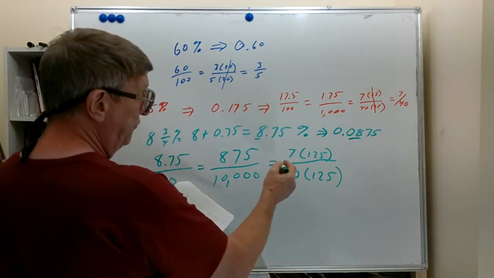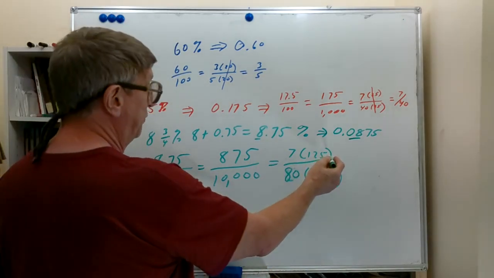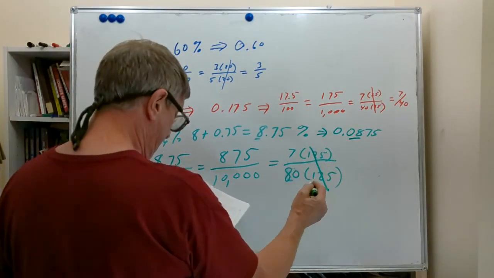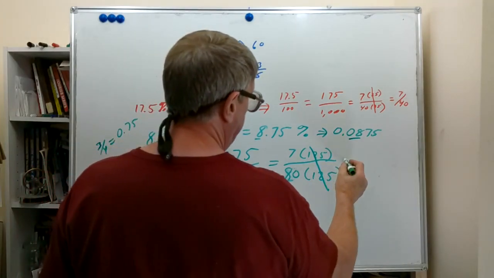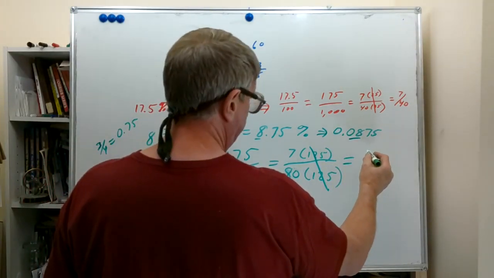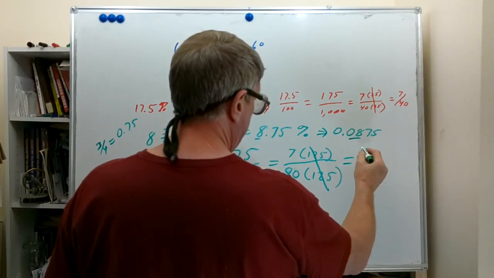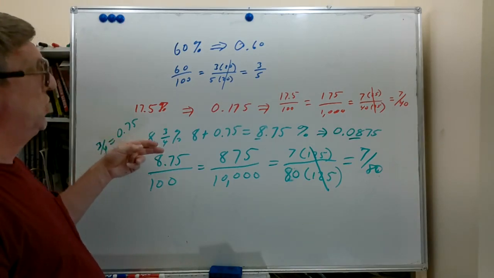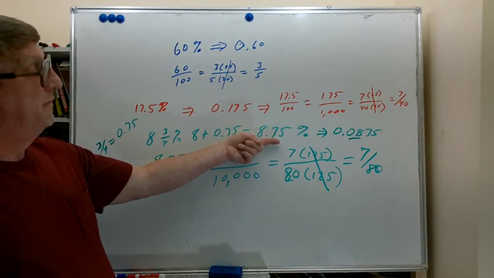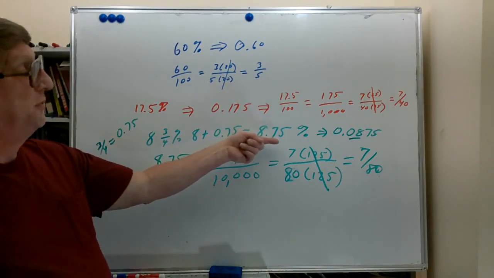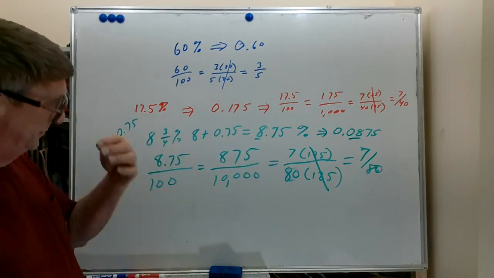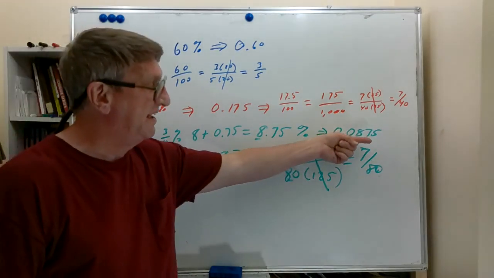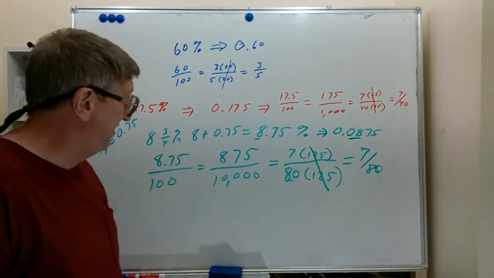And so we wrote 875 as 7 times 125, and 10,000 as 80 times 125. We can cancel those like factors, and we end up with 7 over 80. So we started with 8 3/4%. We converted that to 8.75, a decimal number, leaving it in percent. Then we moved the decimal place 2 places to the left, dividing by 100, to get a decimal value of 0.0875.